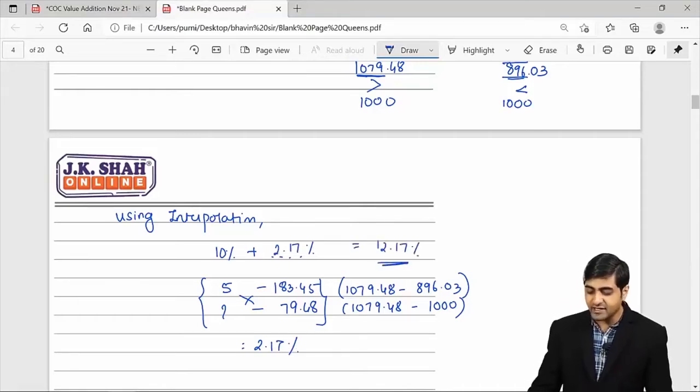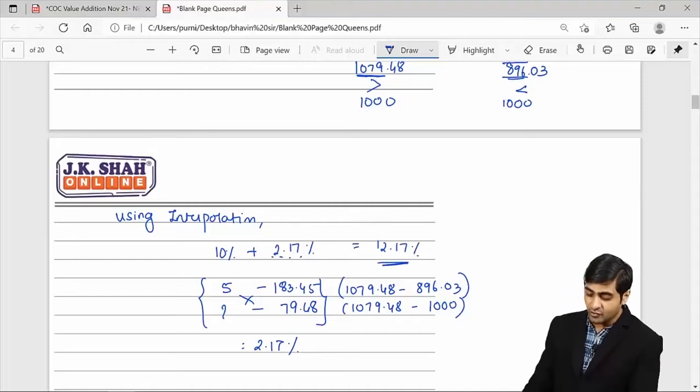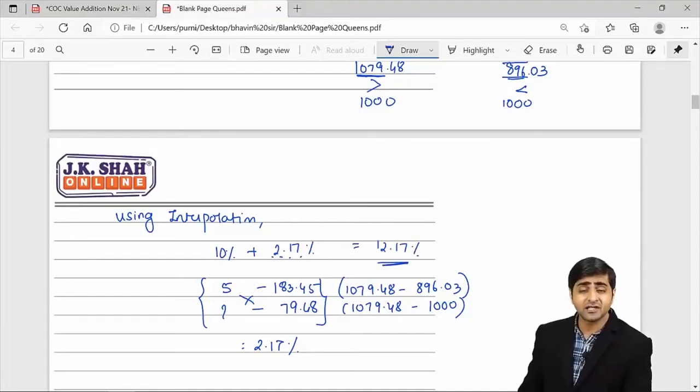So guys, this is the rate at which your PV of CI will be equal to PV of CO, and this will be your realized yield. So think from the equity shareholder's perspective, that an equity shareholder is investing right now 1000 rupees, and whatever future value of cash inflows the equity shareholder is going to get, if we discount it and bring it to present value terms, then it will be nothing but at the rate of 12.17%.